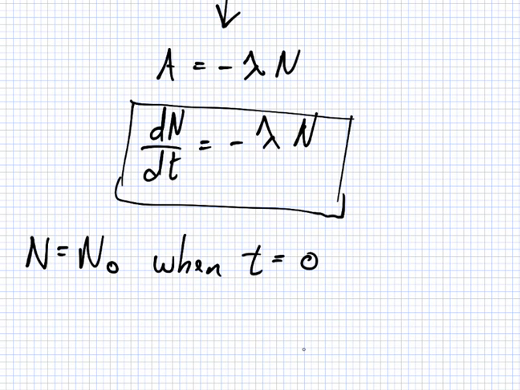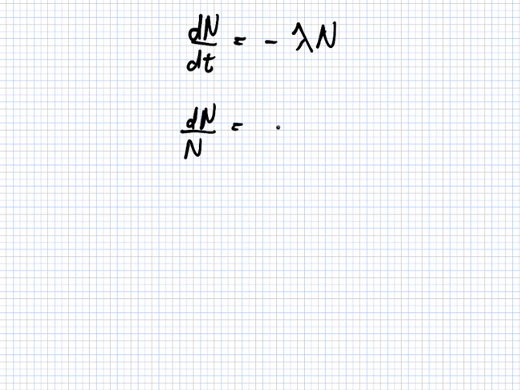You all have the right idea. Okay. dN dt equals minus lambda N. dN over N equals minus lambda dt. You all have that. Good job. And then you all integrate it. So Louise, what's this one here on the left?